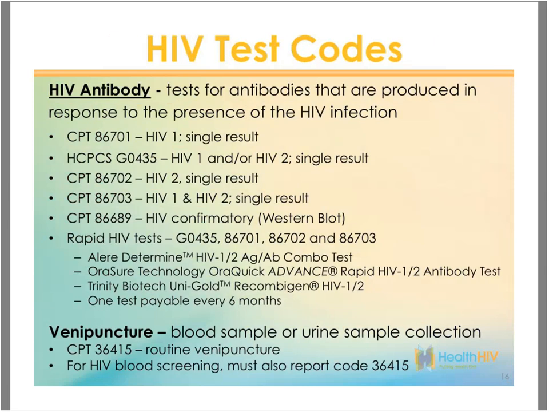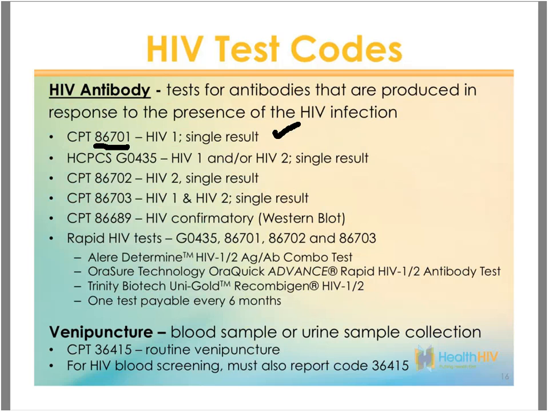In installment 2, we spoke about the service codes, and by service codes I mean the test codes that are used to report HIV testing. There are 2 types of codes. You have your CPT codes, and you also have your HCPCS codes. For the most part, the CPT codes are numeric, so that would be the distinction between a CPT versus a HCPCS.